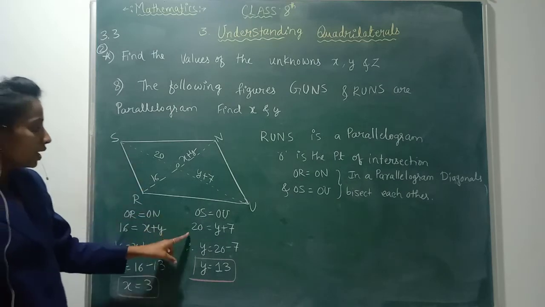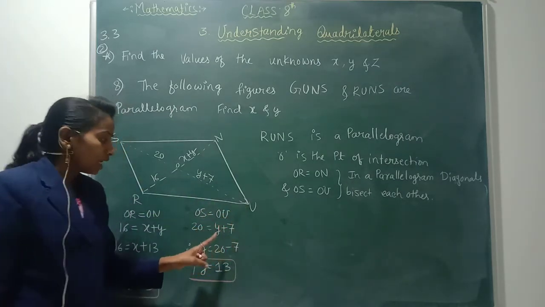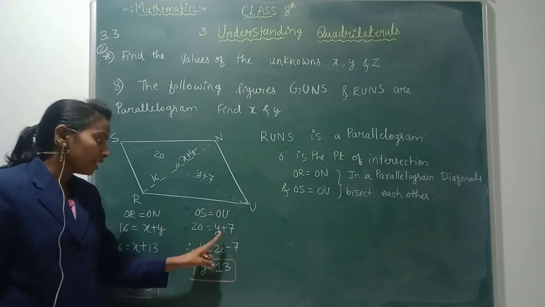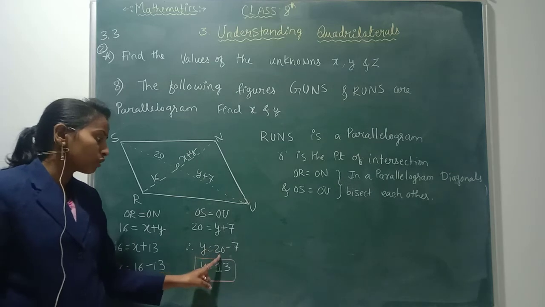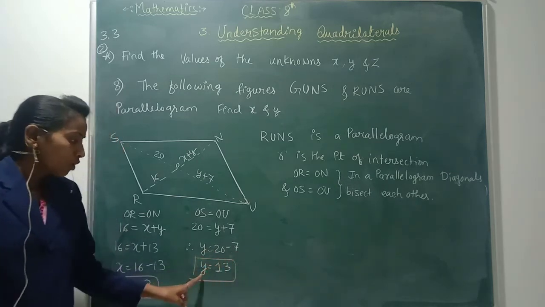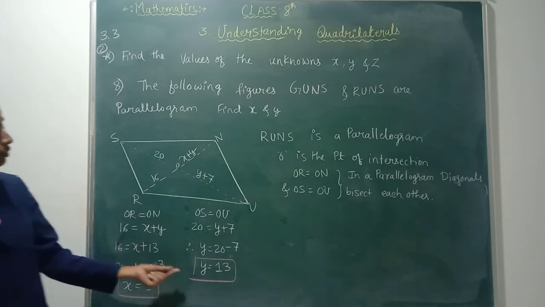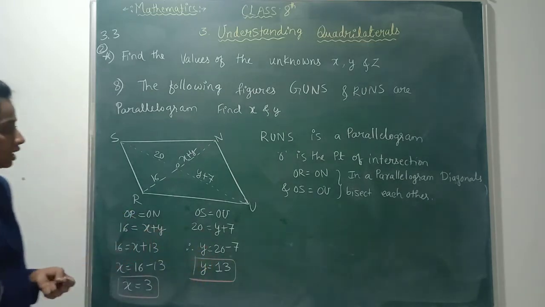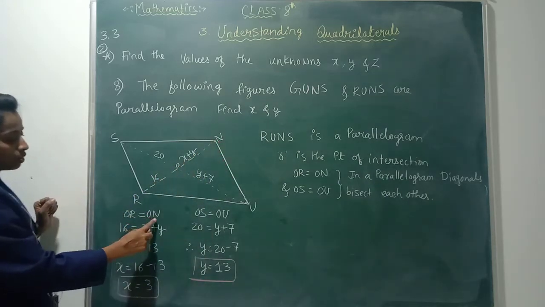So here see, OS is equal to OU. OS value is 20 and OU we have Y plus 7. Here Y value we are finding. So we are transposing 7 to this side, means Y is equal to 20 minus 7. Y value we got as 13. So again OR is equal to ON.